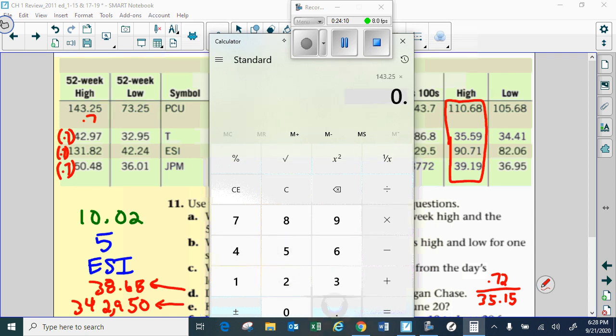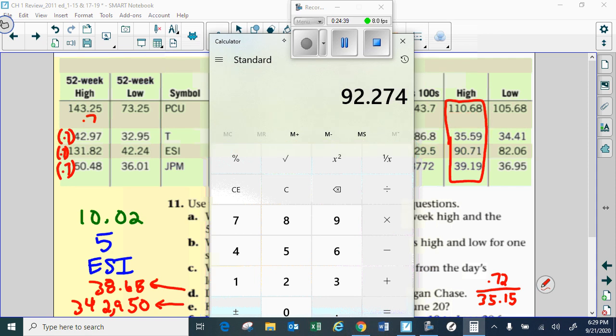143.25 times 0.7 equals 100. Okay, so 110, that's too far off, so that's not going to be it. 42.97 times 0.7 is $30. That's $5 off, so that's not going to be it. 131.82 times 0.7 is 92.27. That's not bad. So far it's the closest.